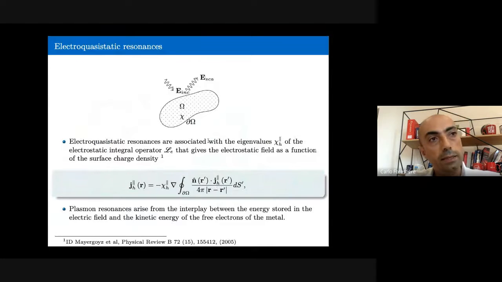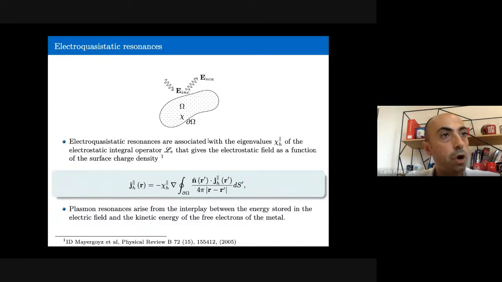Going more deeply into the theory, the plasmonic resonances can be associated to the eigenvalues of an integral operator that you can see over here. In particular, this is an electrostatic operator that associates the surface charge density to the electrostatic field it generates.